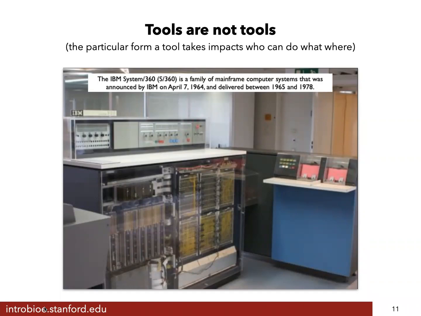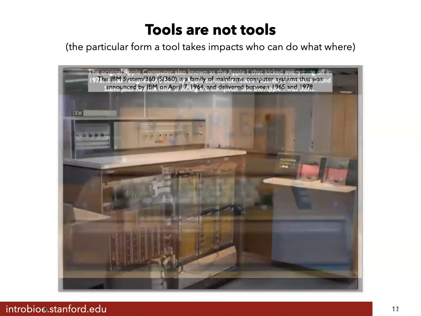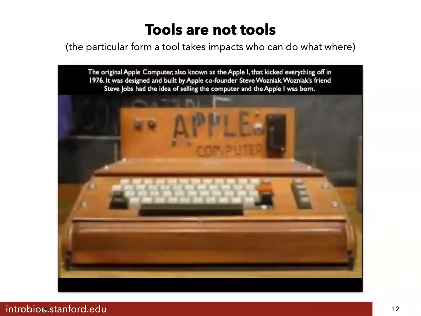Shortly thereafter, around the same time, a different type of computer showed up. The personal computer, just across the creek for where I'm recording this lecture in Menlo Park. It's still a computer, but it's not the same thing. A computer is not a computer. It depends on the form of the computer.